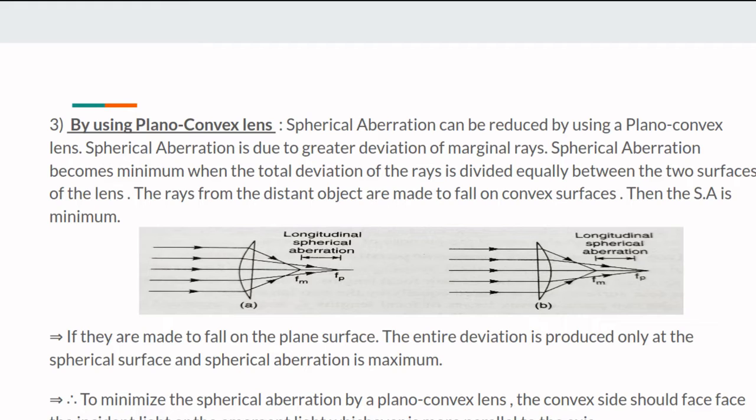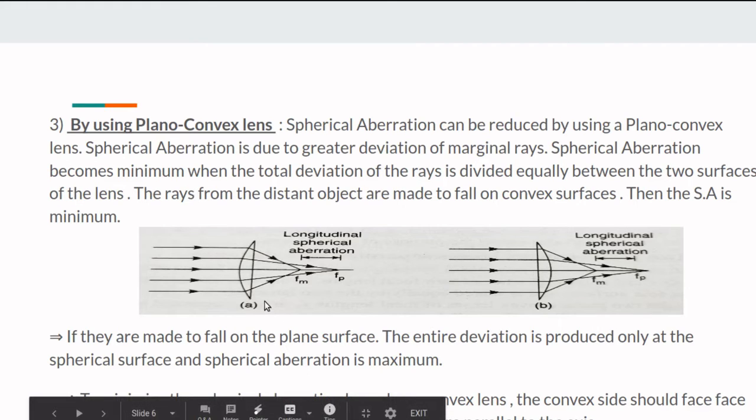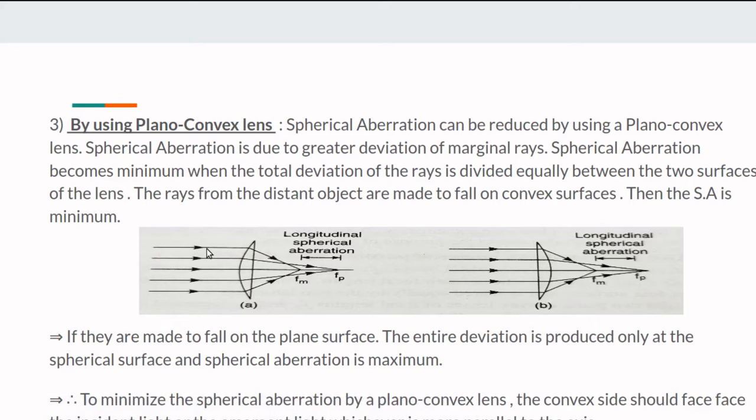In this case, there are two sides. One is a plane surface and the second one is a curved surface. In the case of a plano-convex lens, to eliminate the spherical aberration, the rays should be incident on the convex surface. This is the spherical aberration.